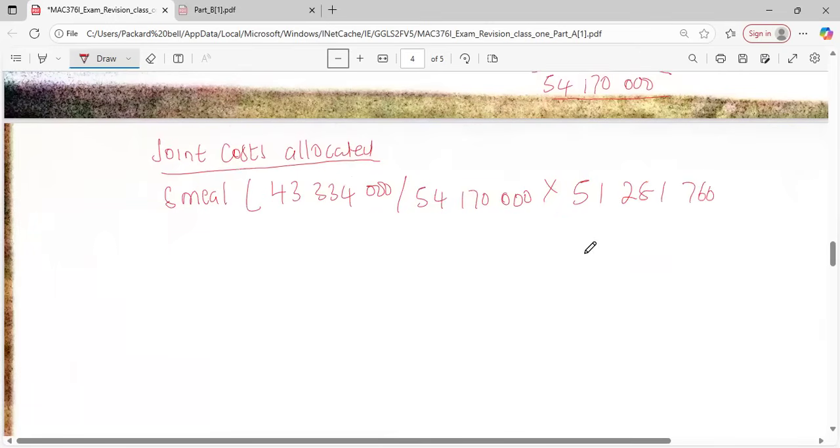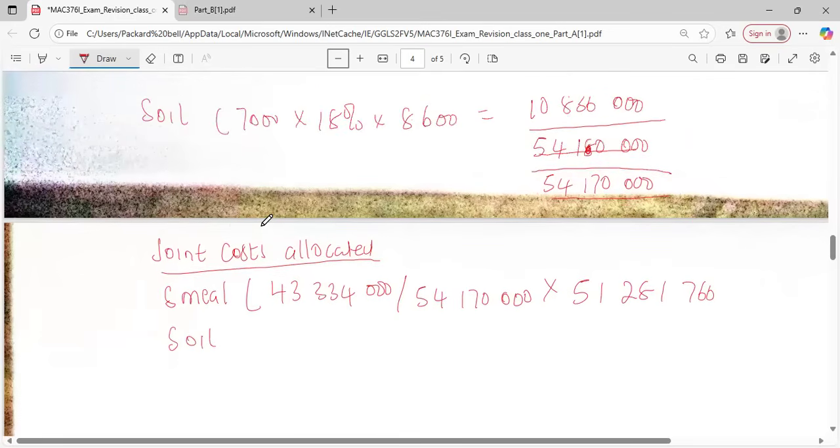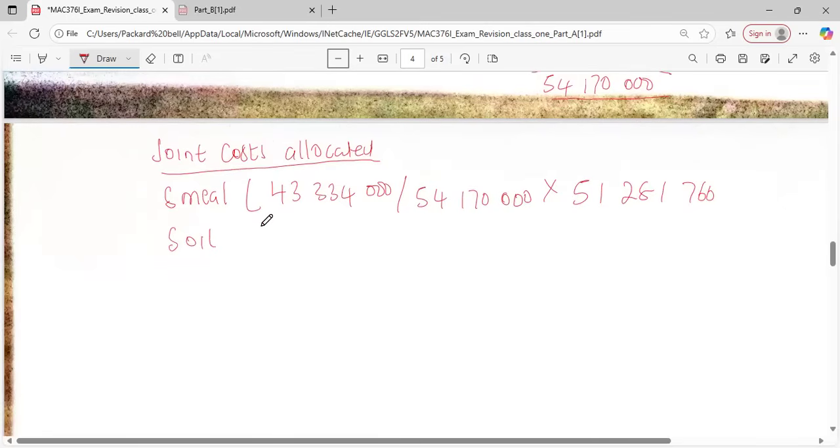So what are the joint costs that go to S meal? So S oil is going to have 10,836,000 divided by 54,170 times 51,281,760.